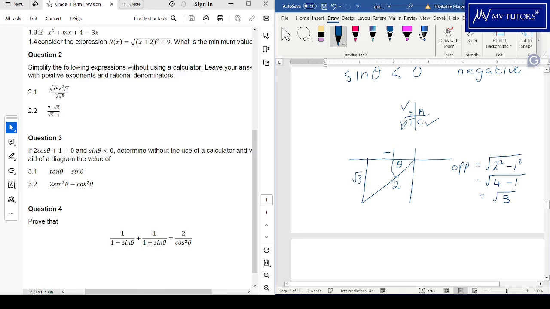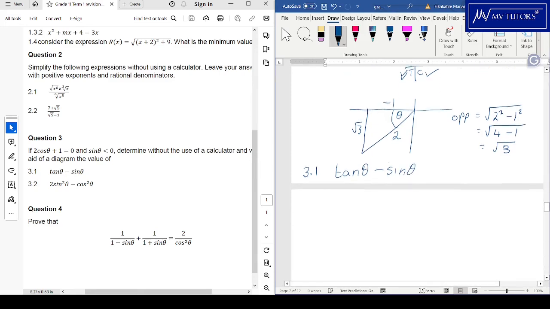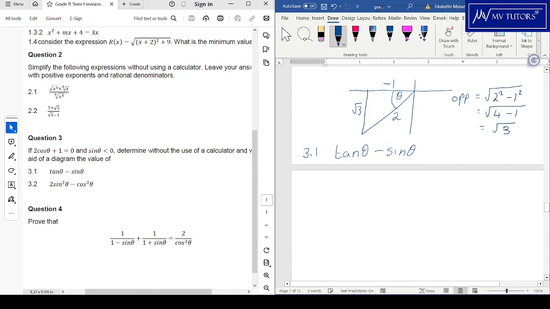Now we can answer the question using this diagram. The first one, which is 3.1, is tan theta minus sine theta. Okay, using the diagram, what's the value of tan?